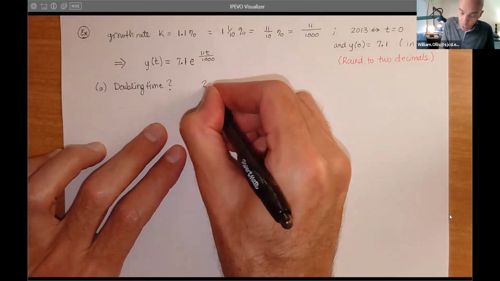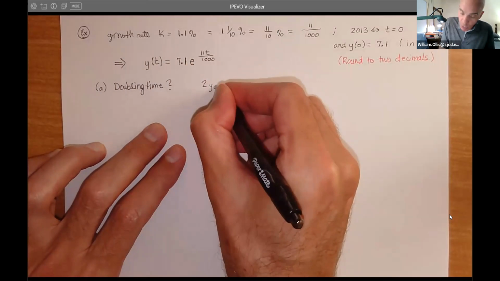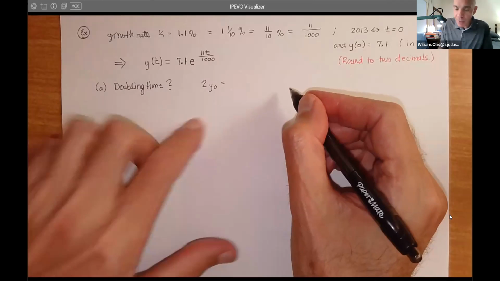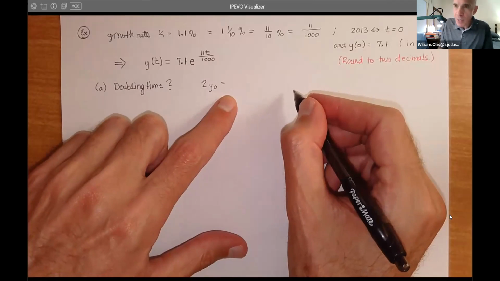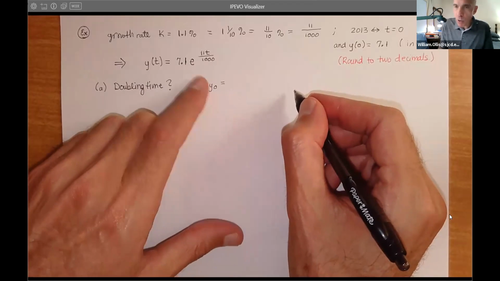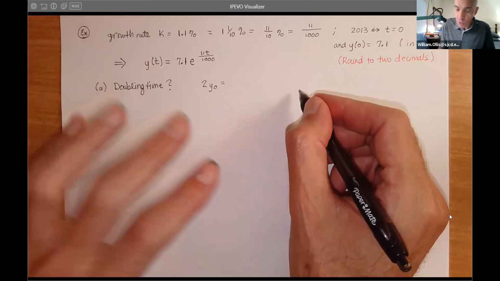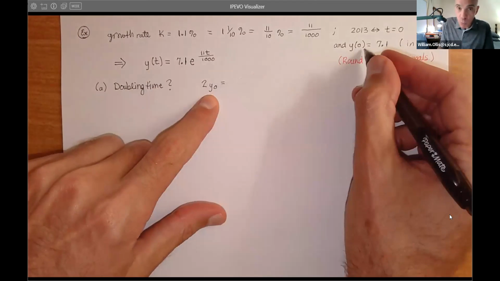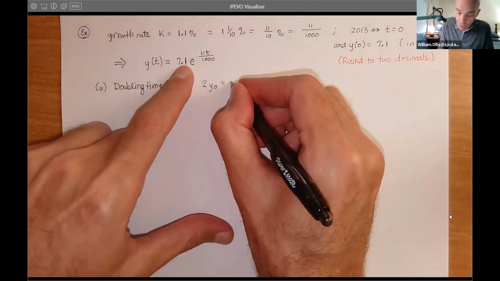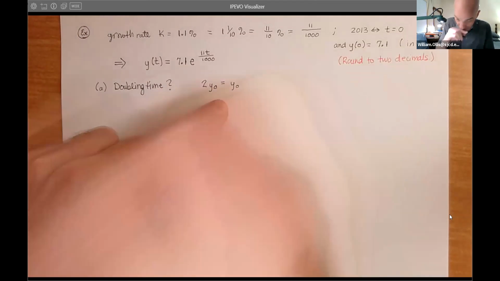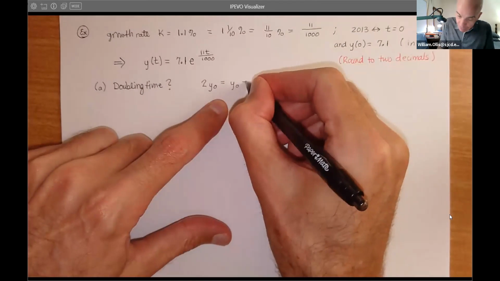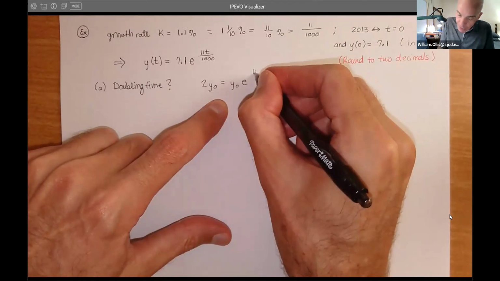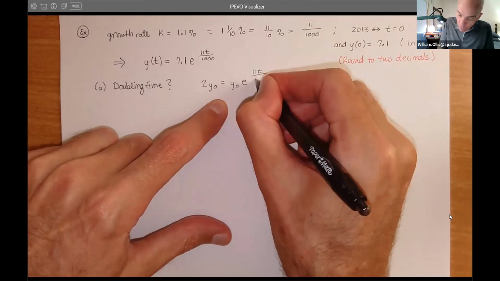So we have 2 times y sub 0. And you can write the number in, but this is more of a general rendering here. Doesn't really matter what y sub 0 is because it's going to absorb. So twice the initial amount would be 2 times y sub 0, and that equals this, which is y sub 0 e to the 11t over 1,000.